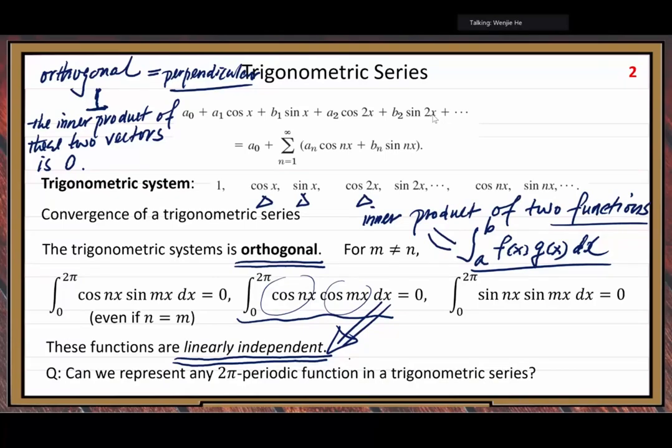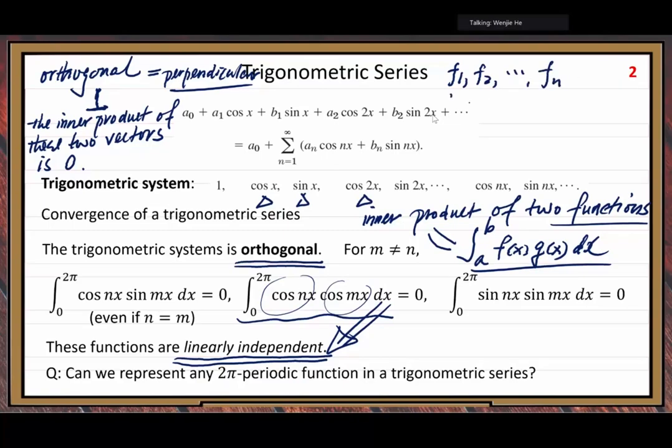Does it imply all these functions are linearly independent? That's my question. Let me write it more specifically. Assume f1, f2, ..., fn.